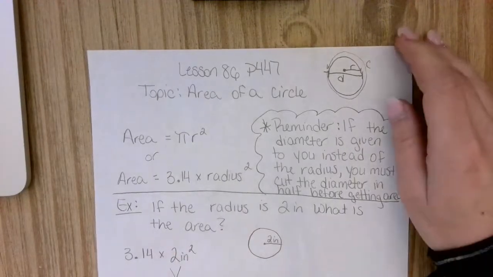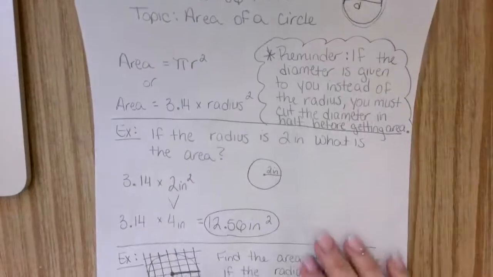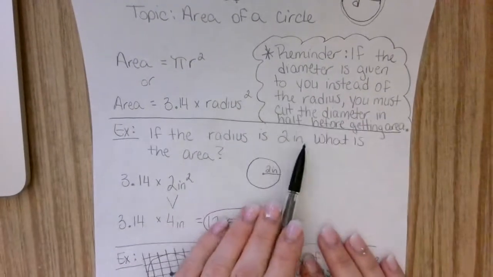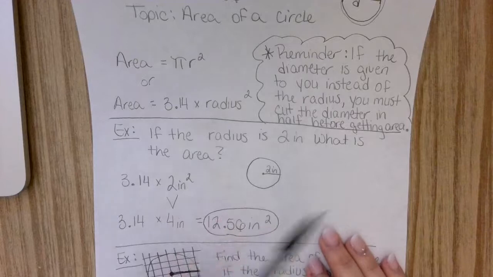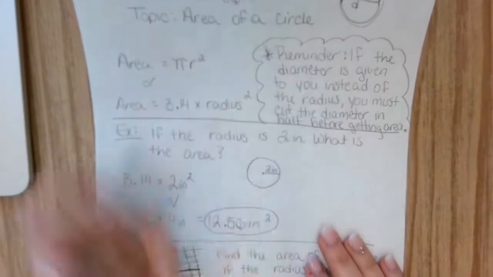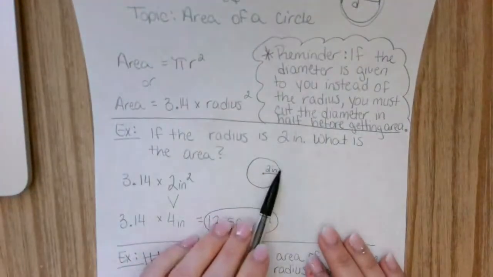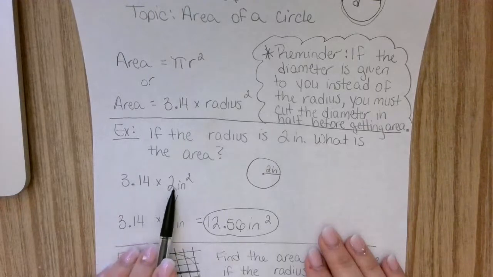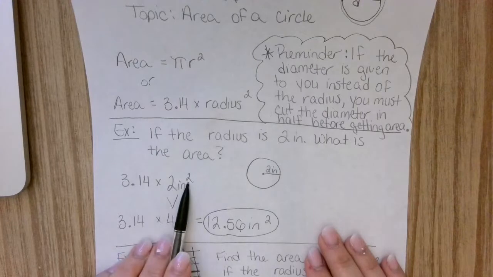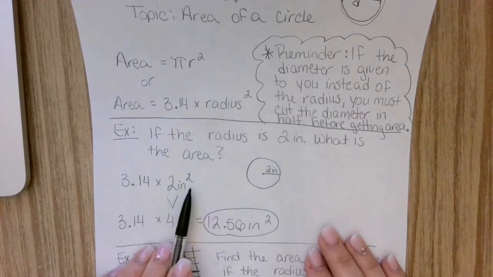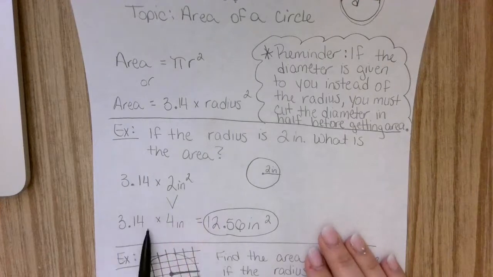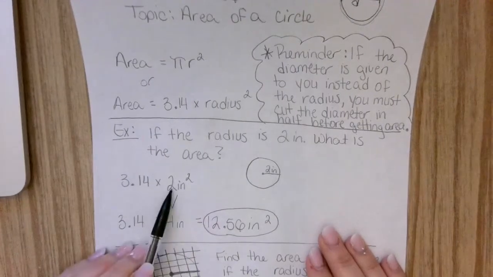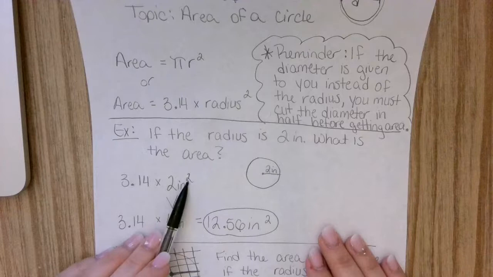That leads us to our first example. If the radius is 2 inches, then what is the area? I just drew a little picture here to represent that. I'm going to do 3.14 times 2 inches, because that's my radius, to the second power. Before I multiply anything by the 3.14, I'm going to go ahead and get 2 inches squared.